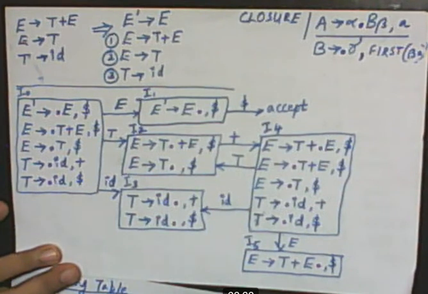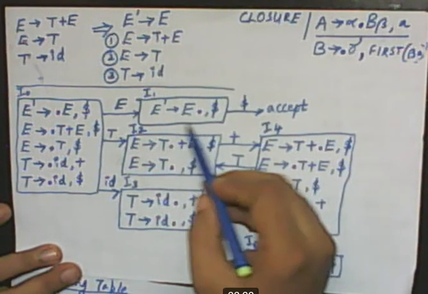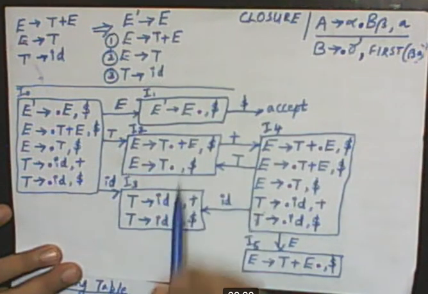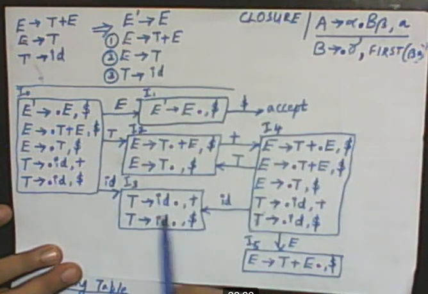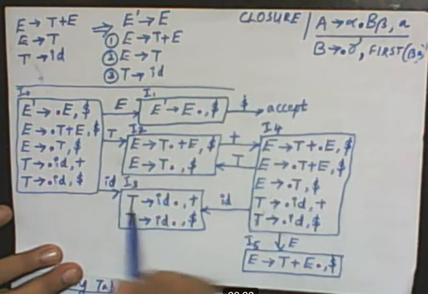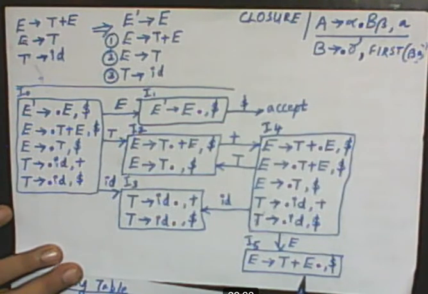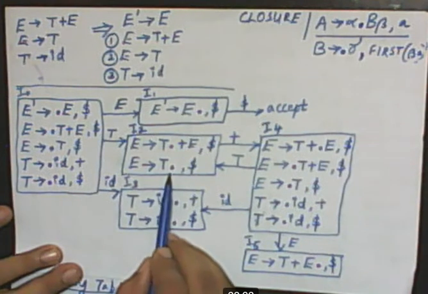So anyway, all the states with an item having the dot at the right end will be taken for a reduction operation. So here you have I3 and I5, and also I2. You have a dot at the end.